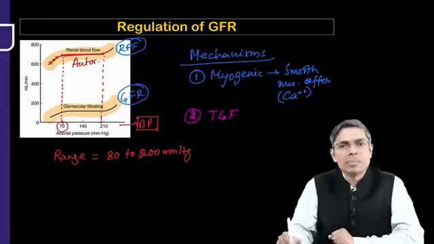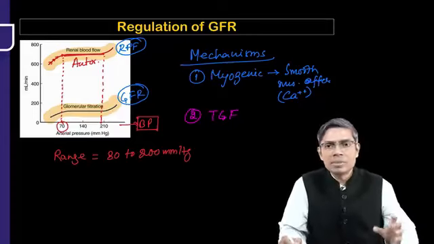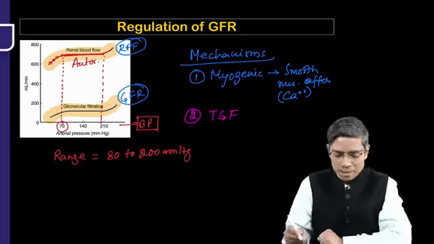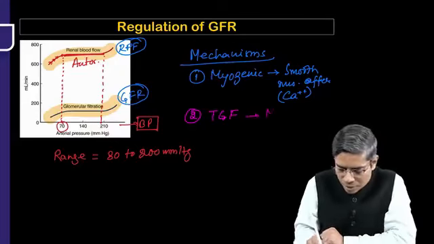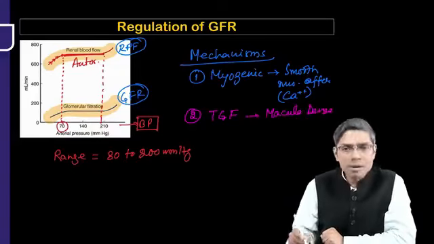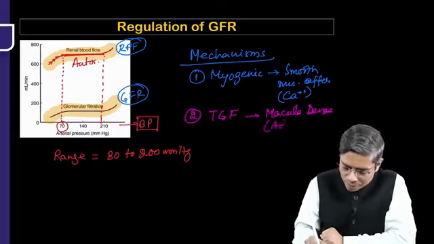The second mechanism is known as the tubuloglomerular feedback mechanism. From the name we can understand that there is a feedback mechanism from the renal tubules up to the level of the glomerulus. That is the meaning of tubuloglomerular feedback mechanism. This mechanism is operated by the macula densa cells of the TAL, the thick ascending limb of the loop of Henle, and the mediator for this is nothing but adenosine.